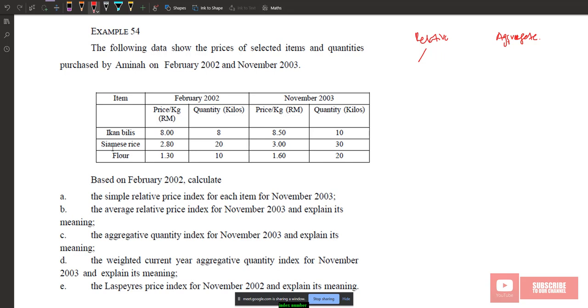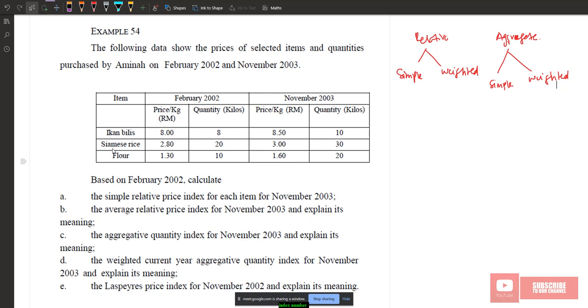Under the relative index number, we look at the simple relative index number and the weighted relative index number. The same goes for the aggregate: we looked at the simple aggregate index number and the weighted aggregate index number. We will apply this knowledge to solve example number 54.